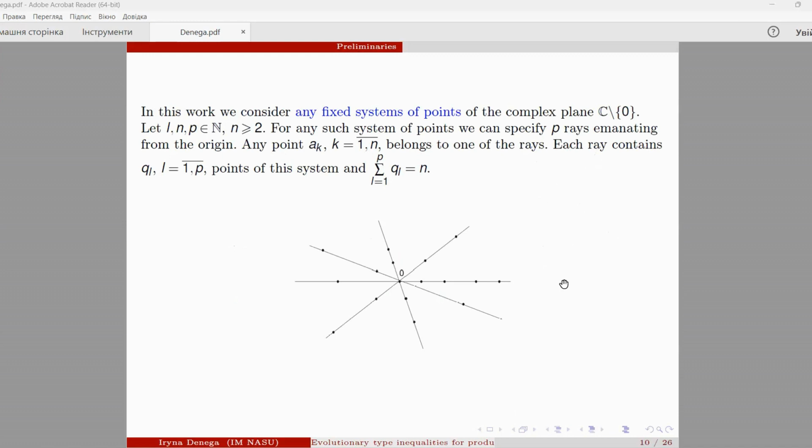For example, it is p rays, and each ray has a different number of points, and the sum of these points equals n.